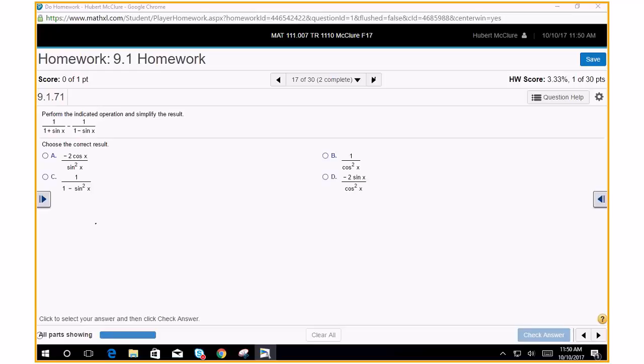Perform the indicated operation and simplify the result. Okay, this is a good question. There's something there you got to recognize. If you don't recognize it, then you can write that up as what? There we go.